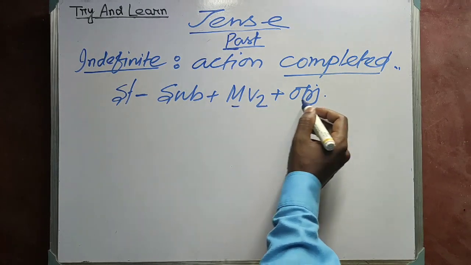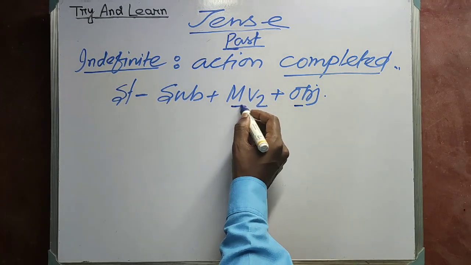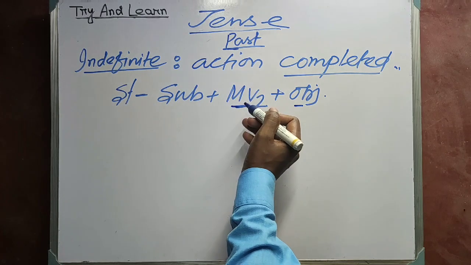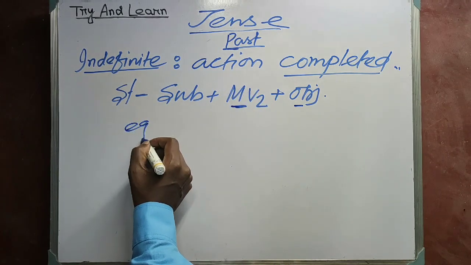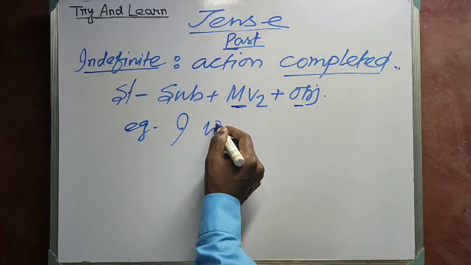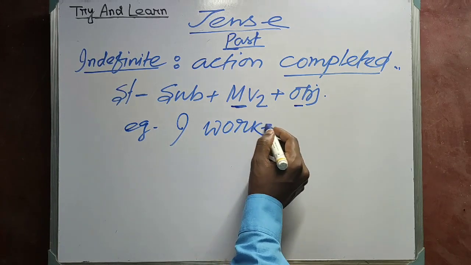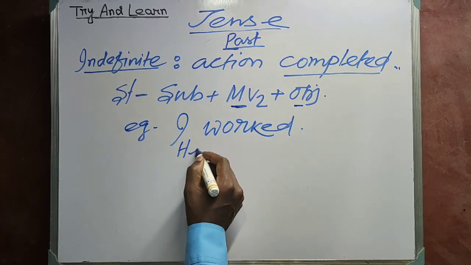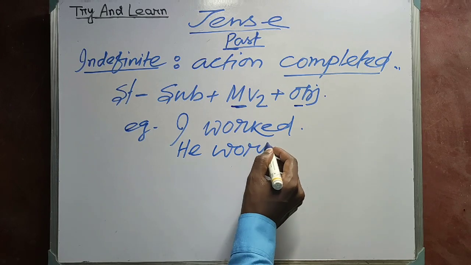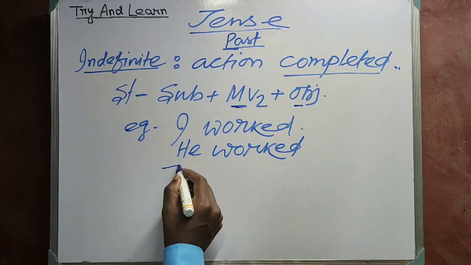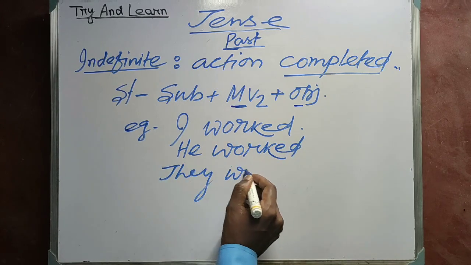In the present tense MV1 is used and in past tense MV2. Example. I worked, V2 form. He worked. They worked.